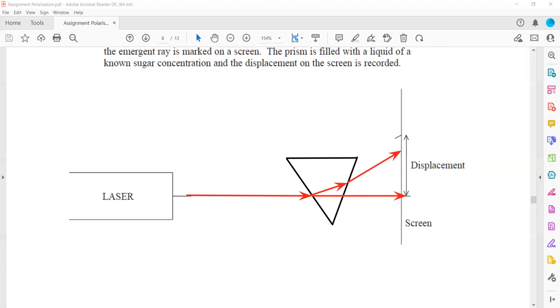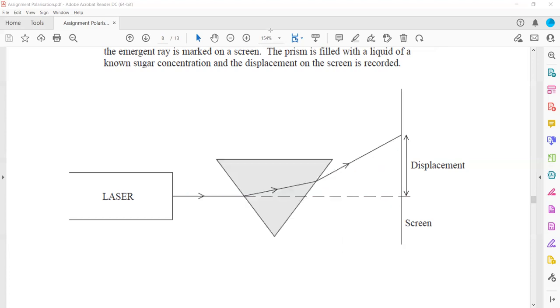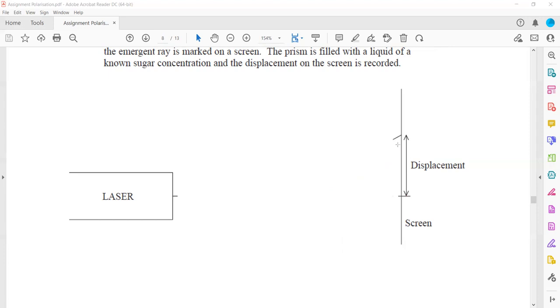Same thing, if the prism is placed away from the screen, and more towards the source of light or the laser.